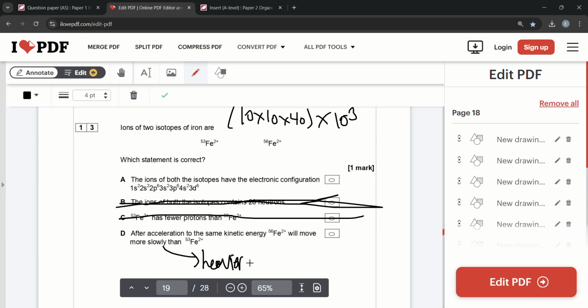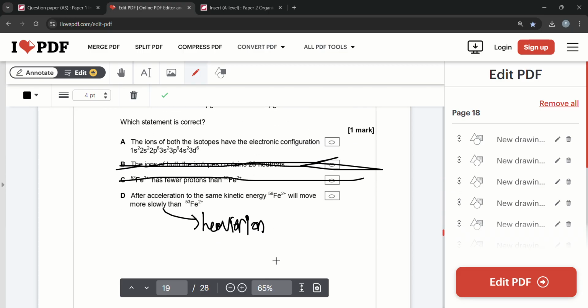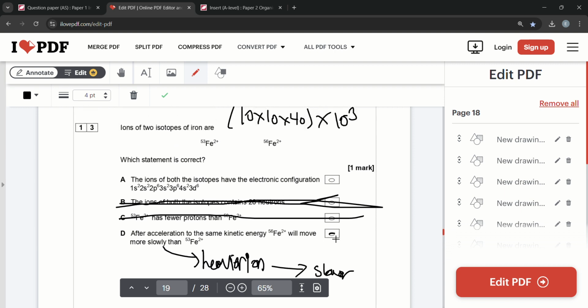They both have the same charges, but 56Fe2+ has more neutrons. So it's going to be a heavy ion, therefore it's going to move slower. So that is absolutely correct. And you can see how I didn't even need to calculate the electronic configuration for A. I realize B and C are wrong and D is correct.